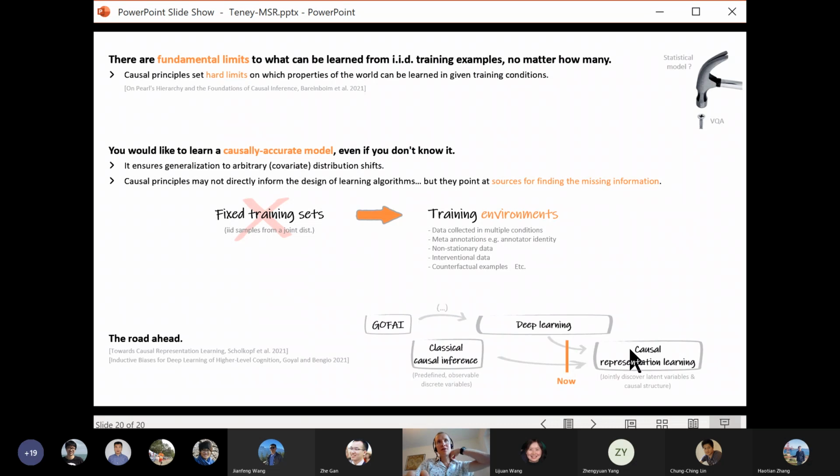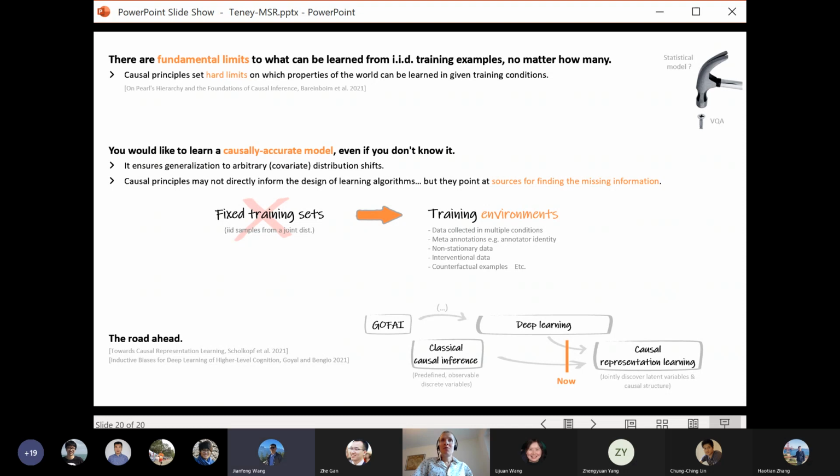And taking a high-level view of what's been done and maybe the road ahead here is that we can draw parallels between machine learning and causal reasoning. So in machine learning, we've moved from good old-fashioned AI to deep learning, and we can now handle raw high-dimensional data. And in classical causal inference, there are a lot of techniques that exist that are suitable for discrete and predefined variables, like the kind of graph that I've included at some slides earlier.